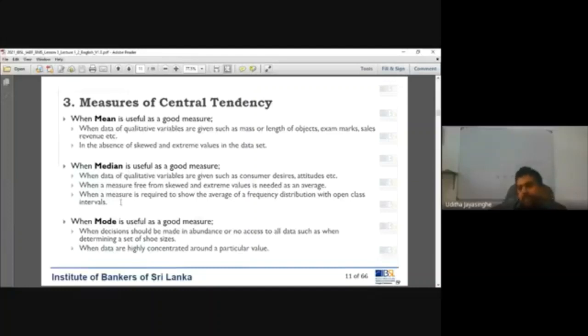Lastly, mode. It is useful when a decision should be made in abundance or with no access to all data, such as when determining a set of shoe sizes. What do you mean by this shoe size example? You're going to start a shoe company in Sri Lanka. Let's say office shoes.